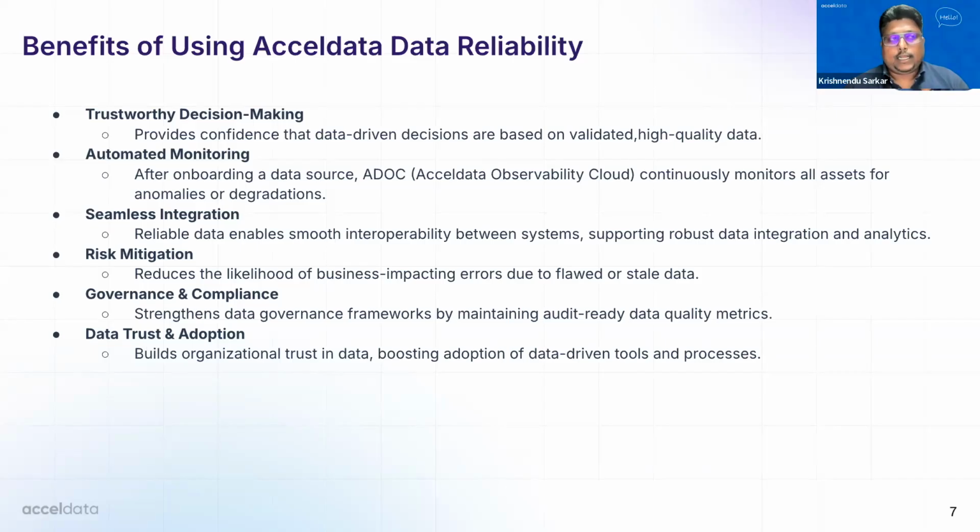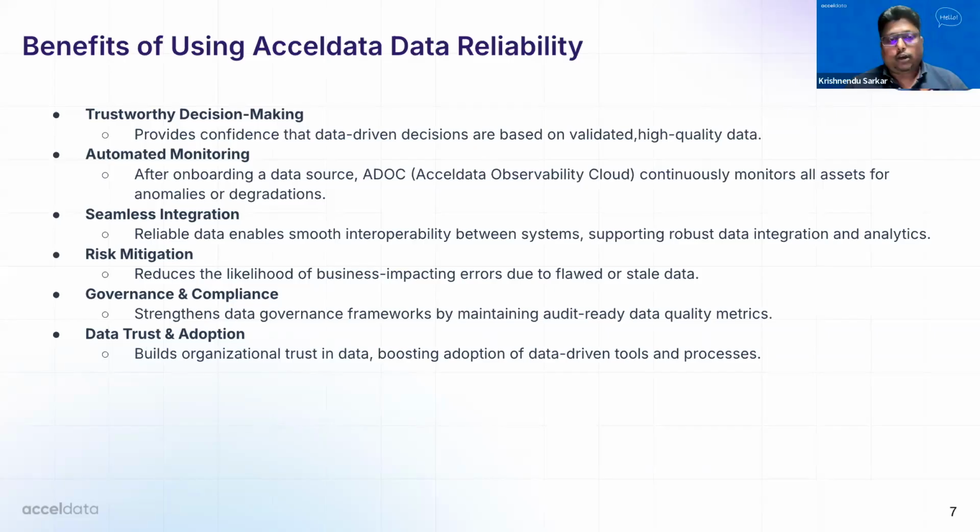And the last one is data trust and adoption. When users trust the data, they are more likely to use data driven tools and processes, driving adoption across organizations. So that's all from the data reliability overview.